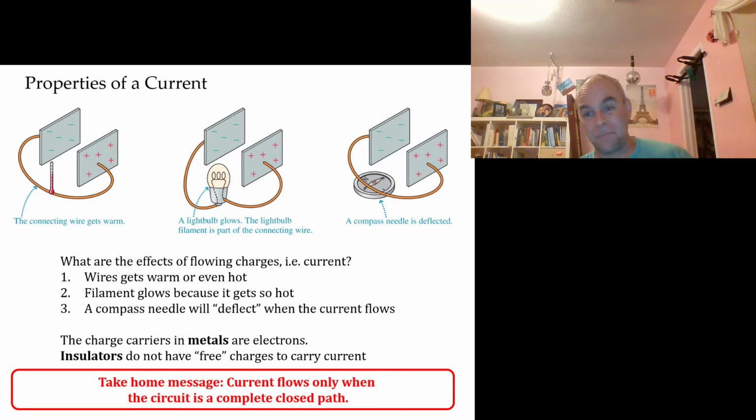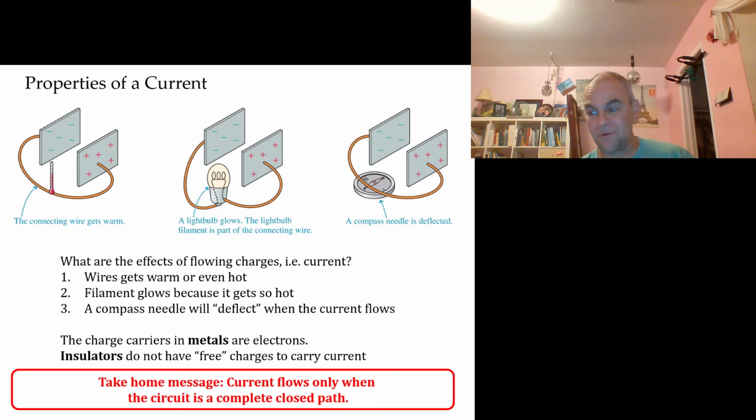The metals, copper, zinc, silver, gold, iron, those will all conduct electricity. Some of the metals conduct it even better than others, but they're all very good conductors. Electrons can flow easily through them because of the constituency of the outer valence shells of the atoms within the metal. That allows free flow of electrons. It allows currents to flow.